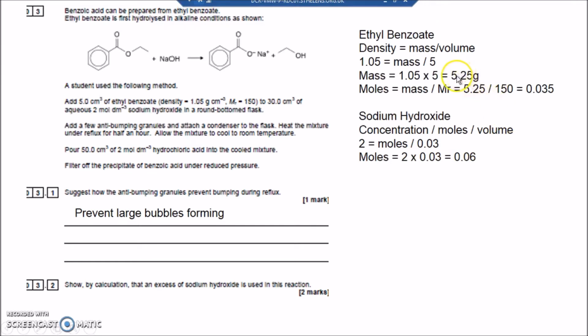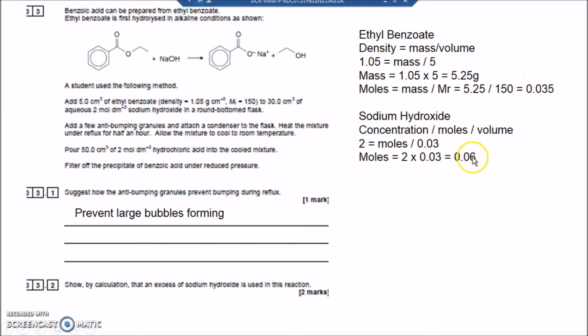Now I've got a mismatch, because I've got 5.25 grams of ethyl benzoate and I've got 0.06 moles of sodium hydroxide, and I need to compare the two to answer the question, show that sodium hydroxide is used in excess in this reaction. But I've been given the MR of ethyl benzoate and I've got the mass, so moles is mass divided by MR, otherwise I wouldn't be given the MR. So moles is 5.25 divided by 150, 0.035.